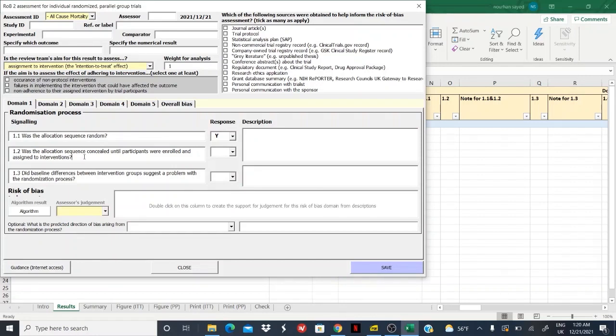Now, how do we ensure that this is the case? Well, there are two main methods to do this. One is called central allocation. So that's basically when you're an investigator at a center, a patient comes in, he fulfills the inclusion criteria, he wants to be enrolled in the trial. You'll call up a coordination center or a central allocation system, which will tell you this patient is going to take drug container number whatever.